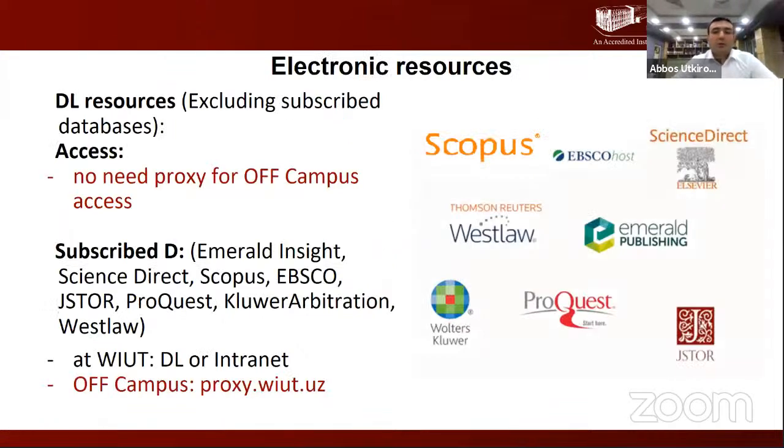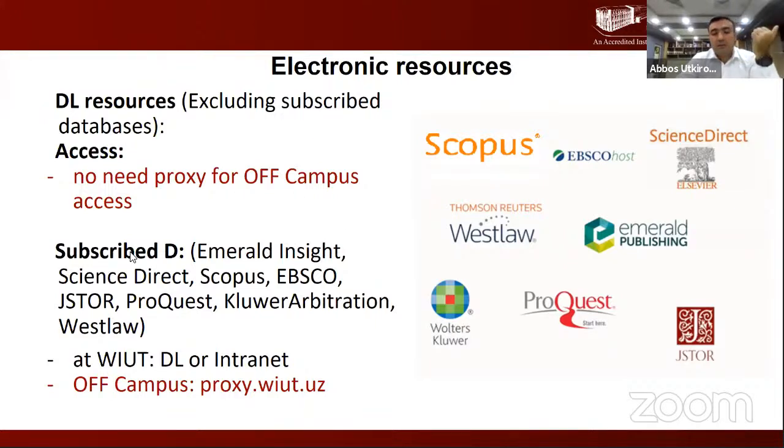So what are the electronic resources, first of all? Our digital library provides you the subscribed and open access databases. If you are at the university, it's not open yet, but when it will be available for you, you can enter and there will be no need for the proxy. But at home, you will need a proxy. We will show you how to use it.